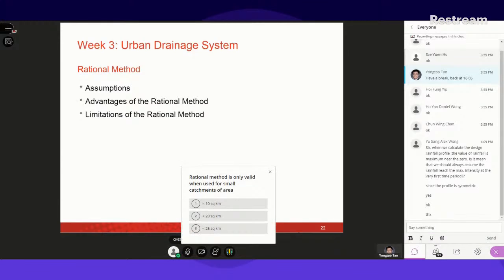Okay, so I have a poll. Let me see your understanding of the rational method.